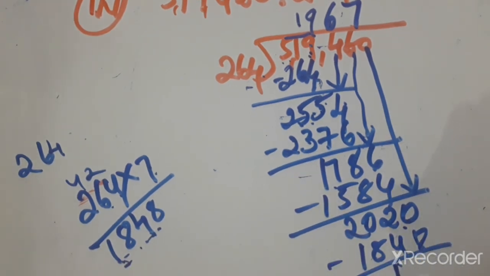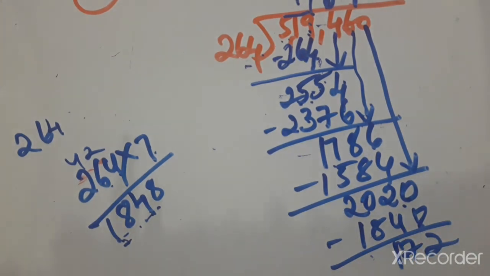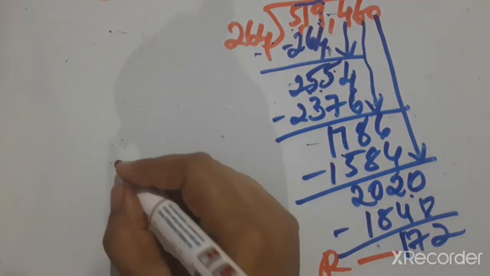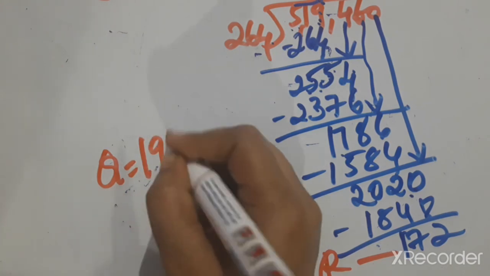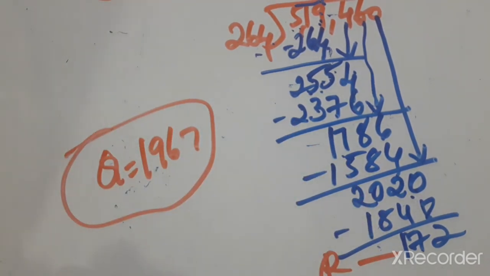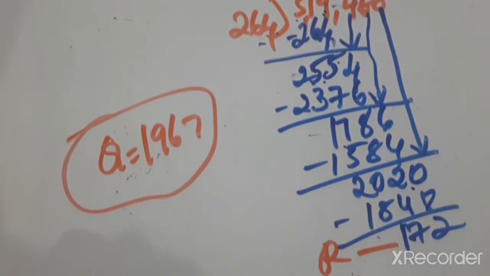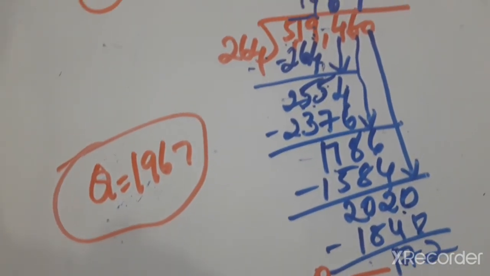What is the remainder? 172. 172 is the remainder and quotient is 1967. Quotient is 1967 and remainder is 172.